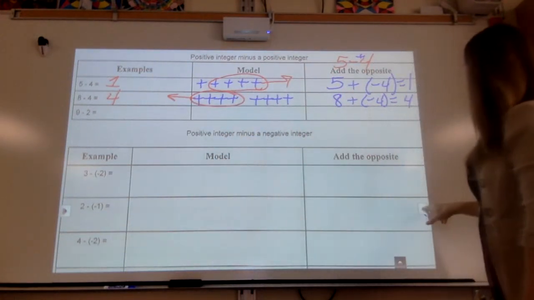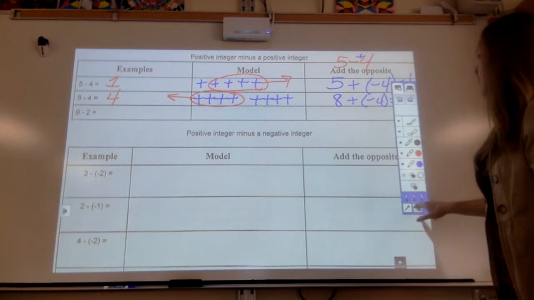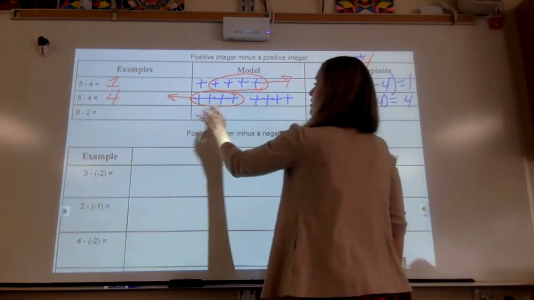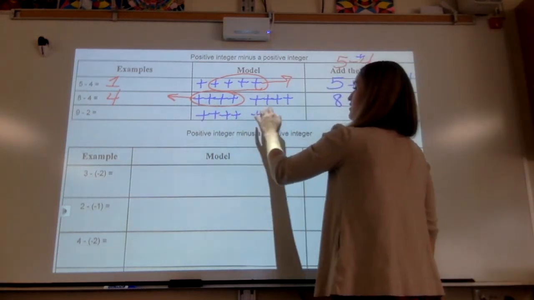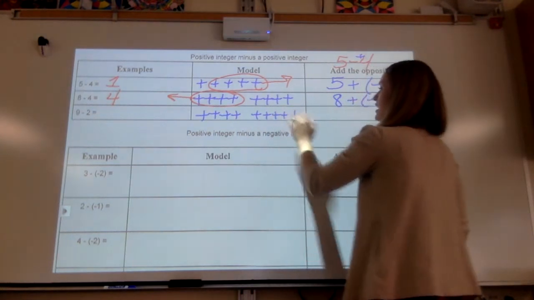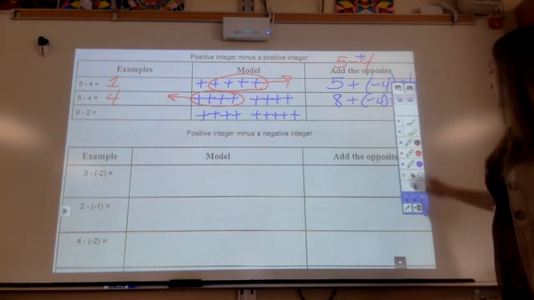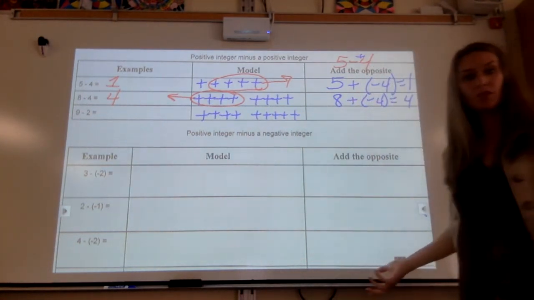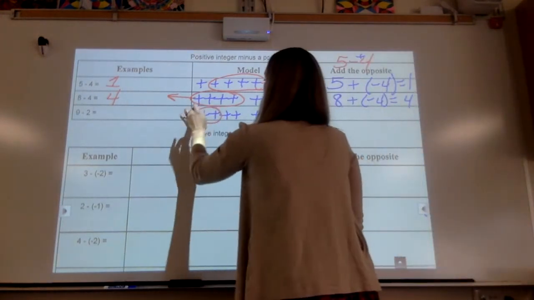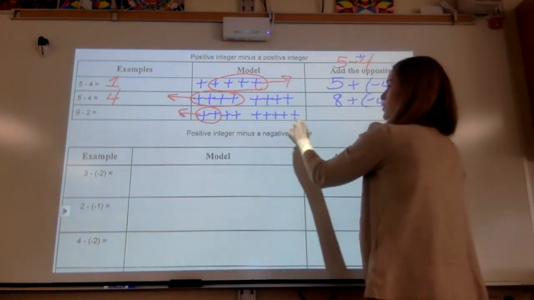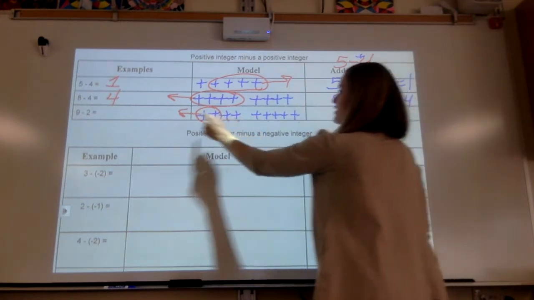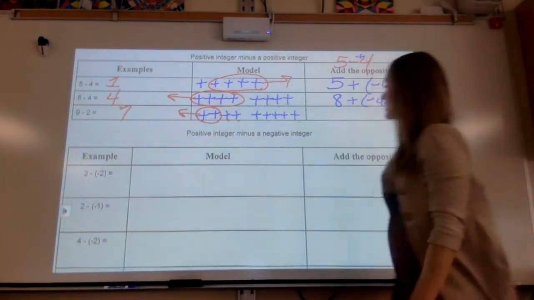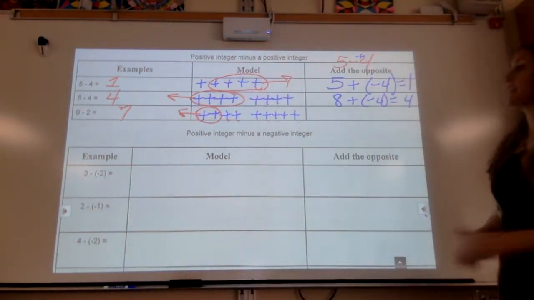Let's take a look at our last example. We've got 9 take away 2. So 1, 2, 3, 4, 5, 6, 7, 8, 9. And then can I take away 2 positives? Sure, they're there. I can take them away. Circle them, take them away. Let's see what's left. 1, 2, 3, 4, 5, 6, 7. Can I rewrite my expression as adding the opposite?